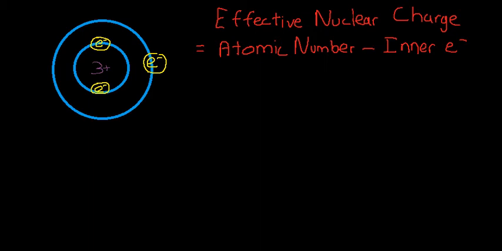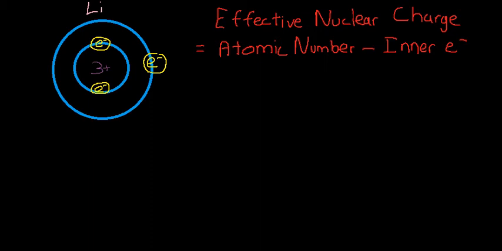or valence electron. So what we can see here is that within this lithium atom, we have 3 protons in the center. We have 2 electrons in the n equals 1 sublevel and 1 electron in the n equals 2 sublevel.